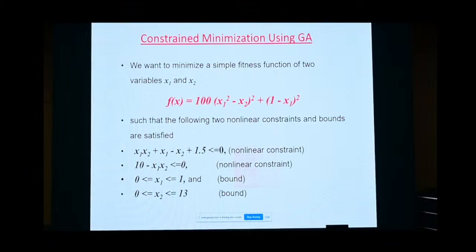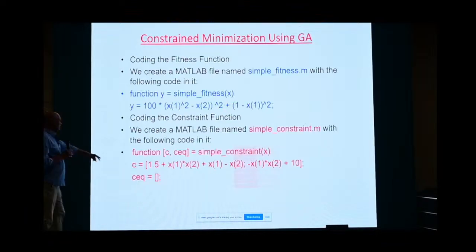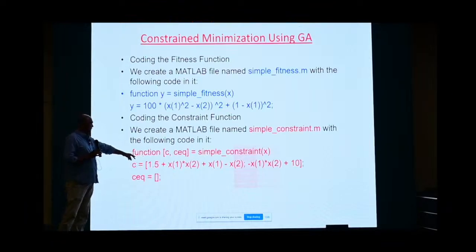One is 1.5 minus this one should be less than or equal to 0. Second is x1 x2 plus x1 minus x2 minus 1.5 should be less than or equal to 0. Next slide, you will see it. So there are two now here. So 1.5 minus this one, and the second one is one more constraint. So these constraints are included here.